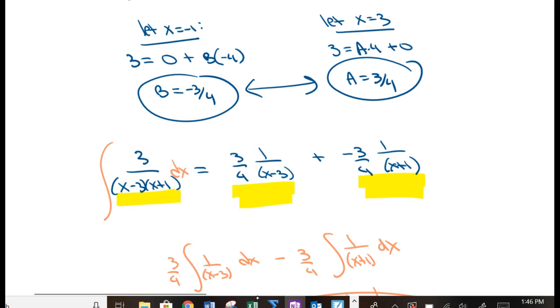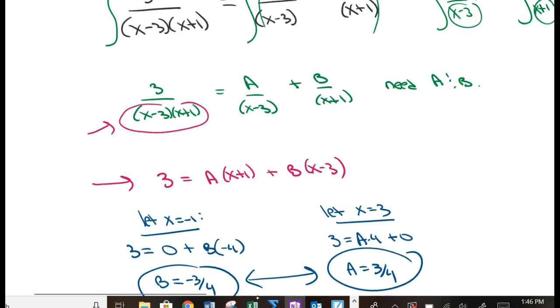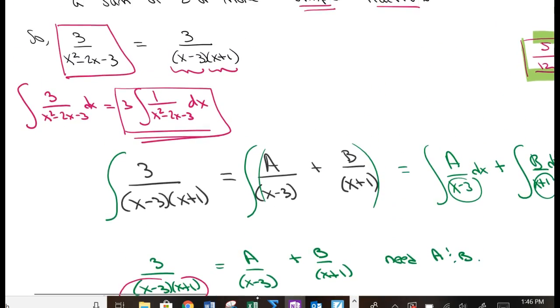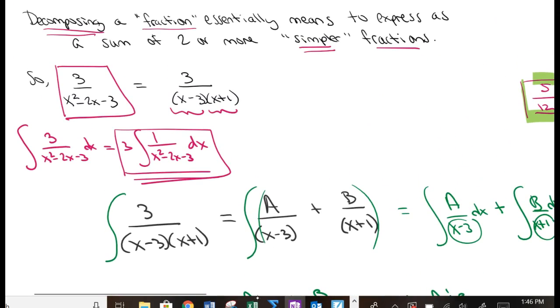So when do you use integration by partial fractions? Well, you use them when we have a rational expression. When I see you next week, we're going to continue talking about different kinds of rational expressions. But right now, the rational expressions that we're going to decompose are going to be proper rational expressions where the numerator is a constant.